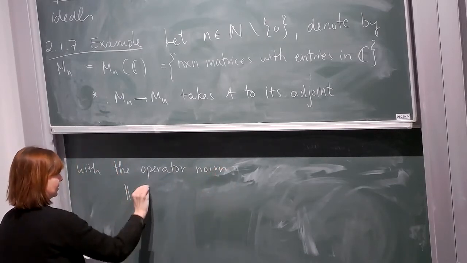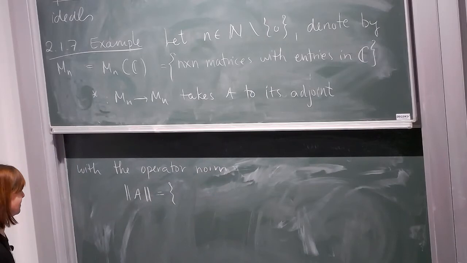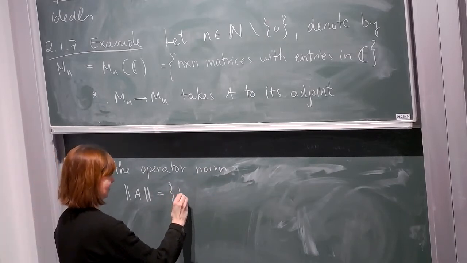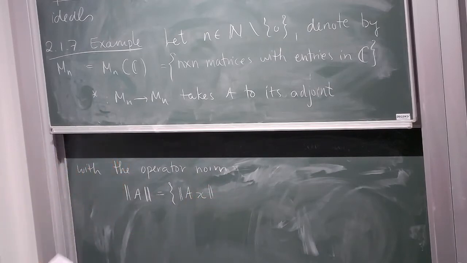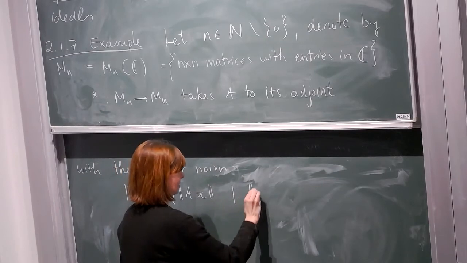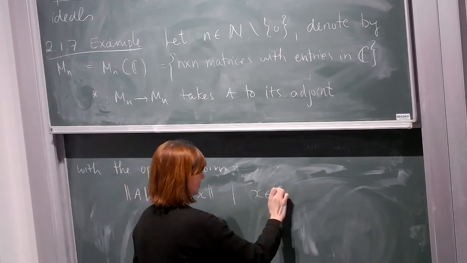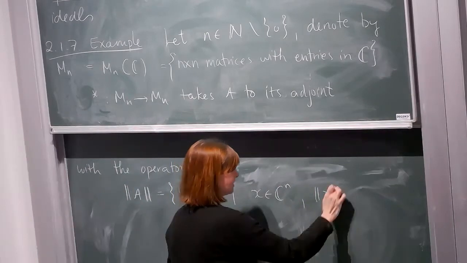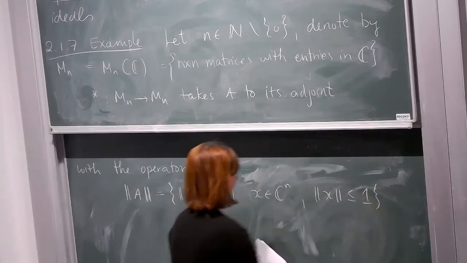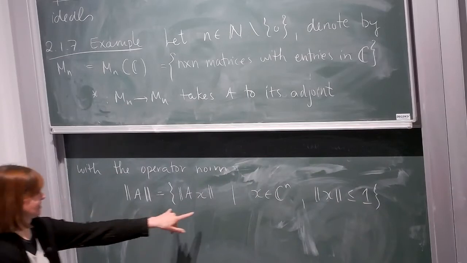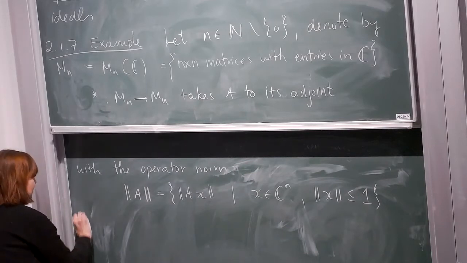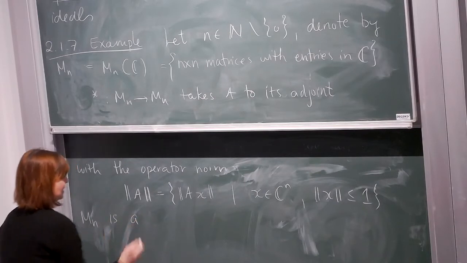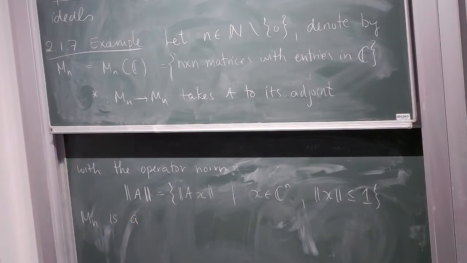Take your matrix A and look at Ax for x in C to the n with norm at most 1. This is just the usual norm in C to the n. And this makes Mn into a C-star algebra. In fact, it's going to be a simple unital C-star algebra.